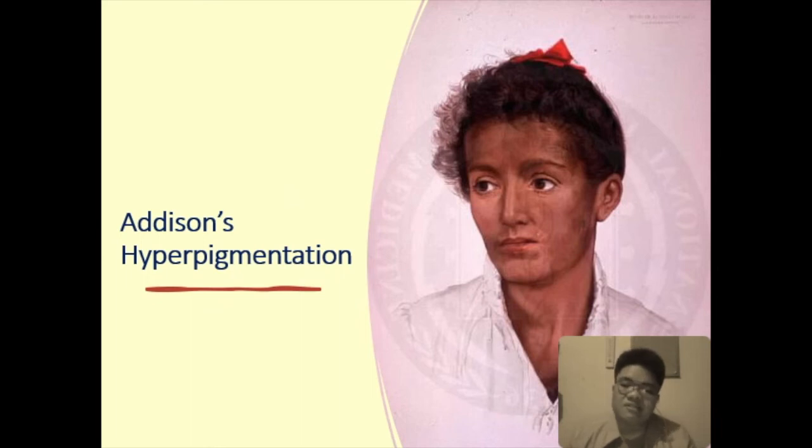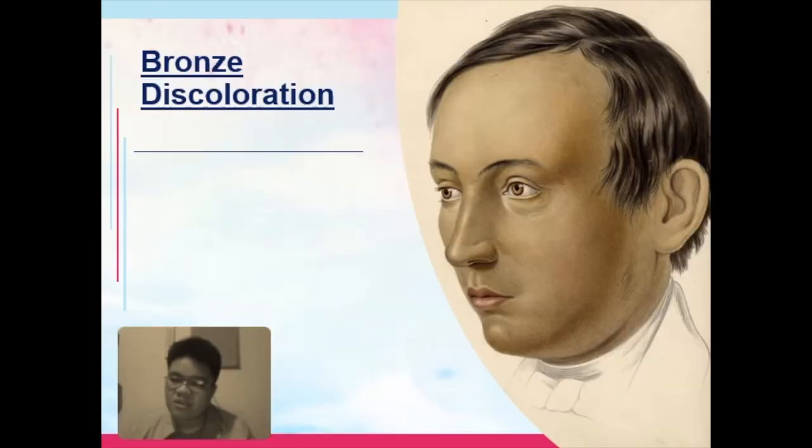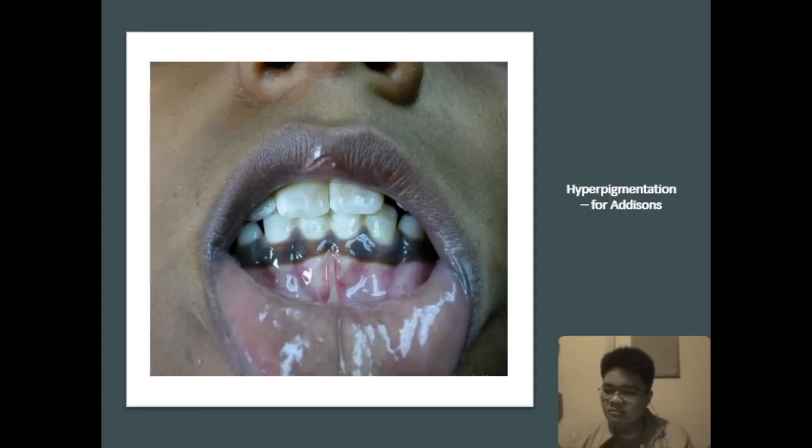Now, class, this is an image illustrating hyperpigmentation in Addison's disease. This one is your bronze discoloration in Addison's disease, which is brought about by the production of your melanocyte-stimulating hormone. Still hyperpigmentation for Addison's disease.